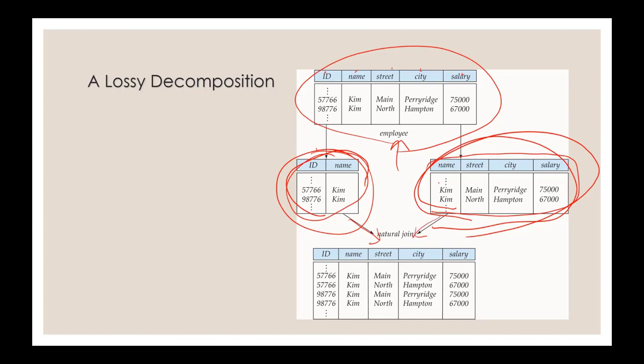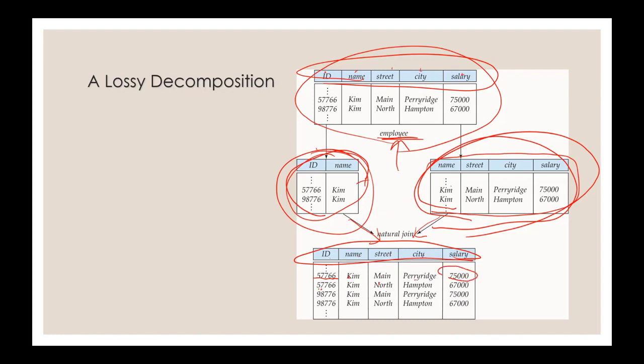When we join these two tables again using a natural join, we get this. We get ID, name, street, city, salary. These attributes are exactly the same as the original employee table. But what happens is we have some loss of information. We can see here that we have ID 57766, Kim, Main, Perryridge, and the salary is 75,000, right?